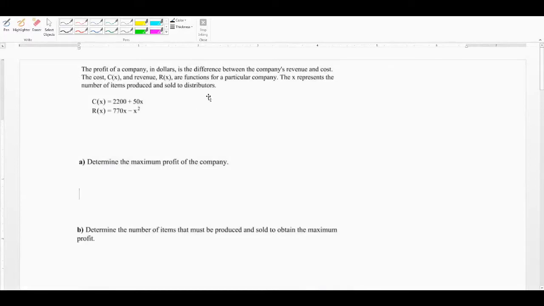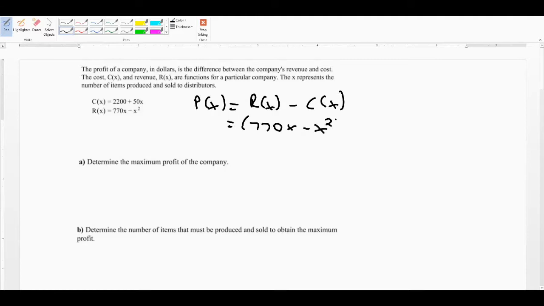Let's consider this example. And you'll notice it involves revenue and cost and profit. Now, to find profit, you take the revenue and you minus the cost. So in this example, we're going to take 770x minus x squared, put that in parentheses, minus the cost, which is 2200 plus 50x. And then we're going to subtract those.